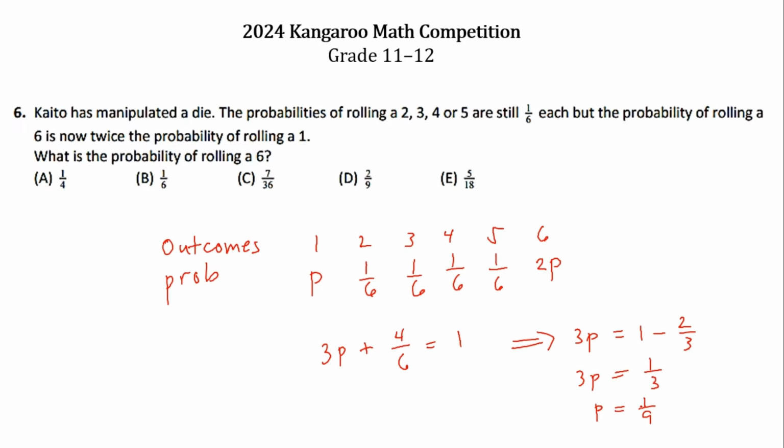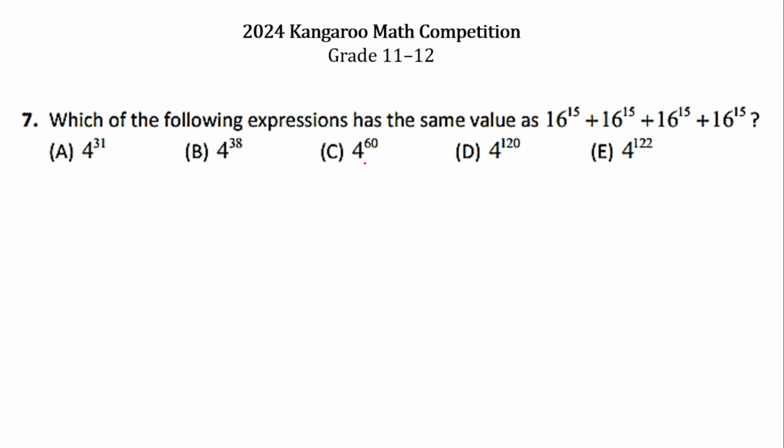But we are asked about the probability of rolling a 6, and it is twice the value of p, right? So the answer is 2 times 1 over 9, which is equal to 2 over 9. So that's option D.